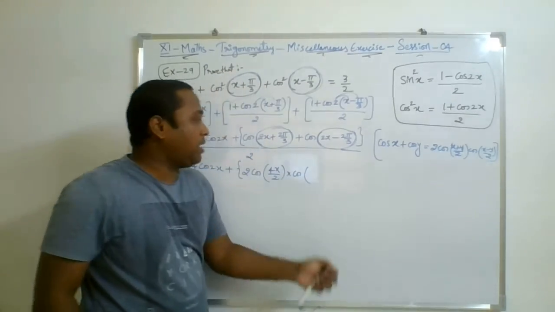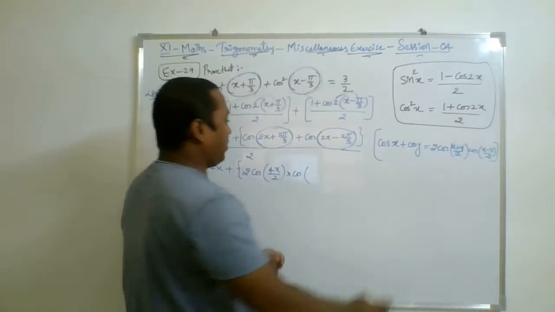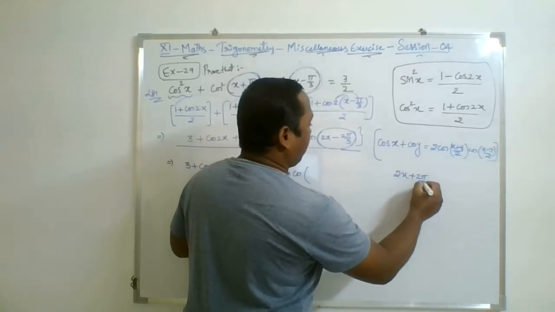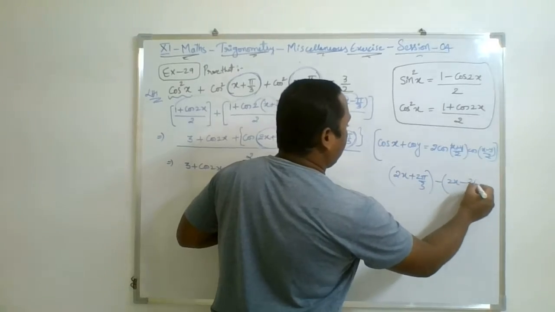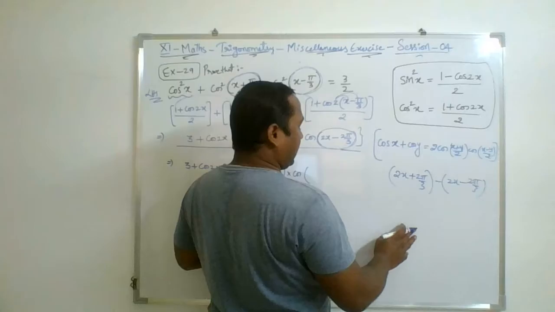x minus y means this angle minus this angle. I'm just solving here: 2x plus 2 pi by 3 minus (2x minus 2 pi by 3). Open with the minus sign.